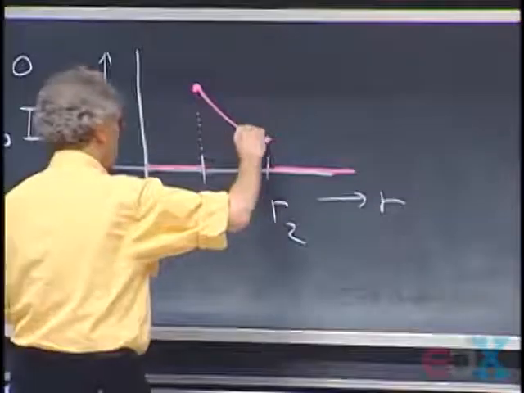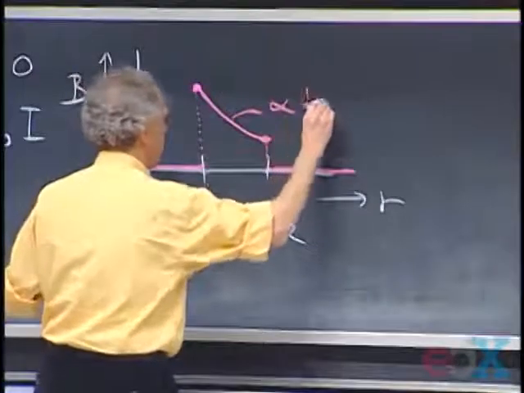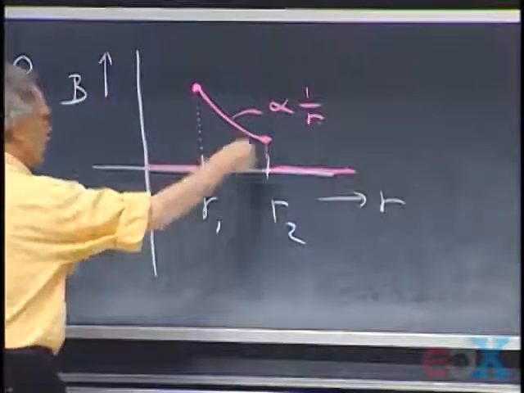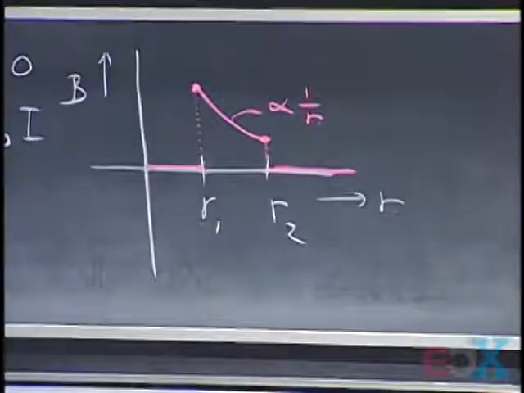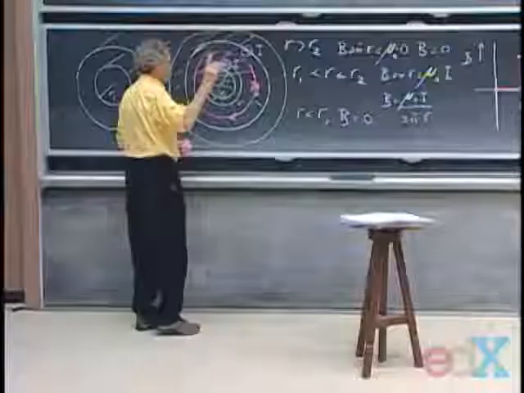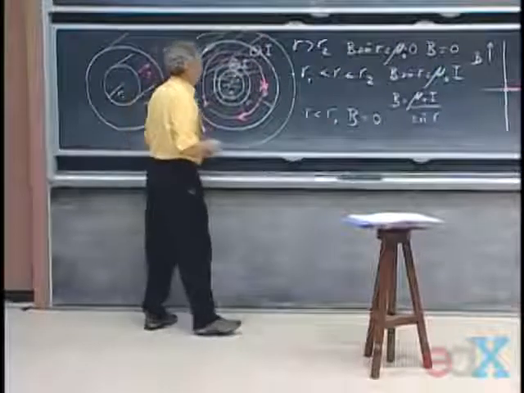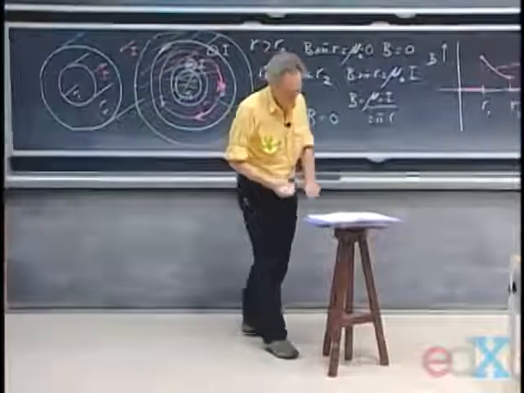And this is a curve that is proportional to 1 over r. And so this is the magnetic field, and inside, seen from where you are sitting, it is clockwise.